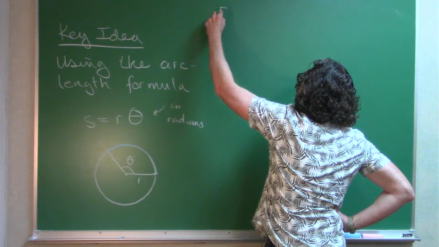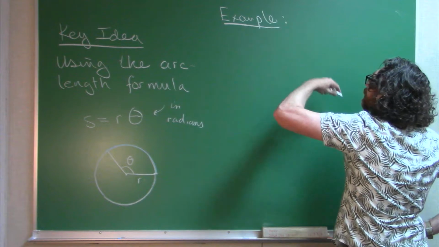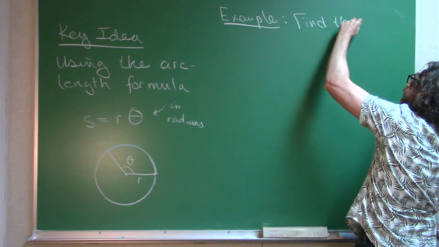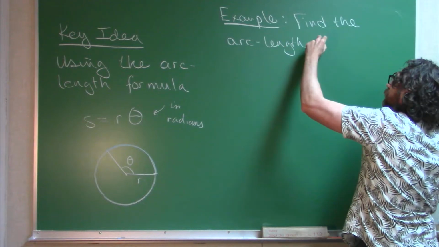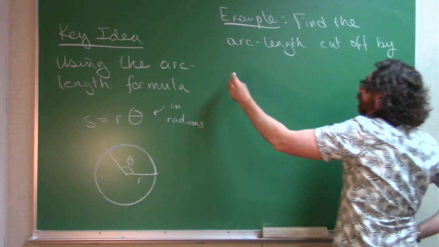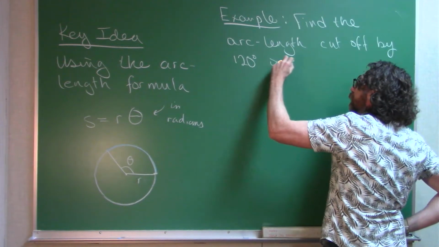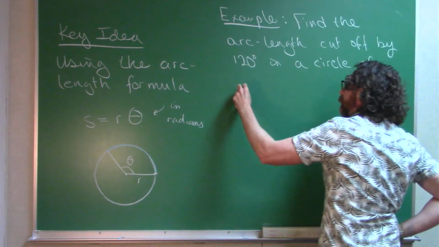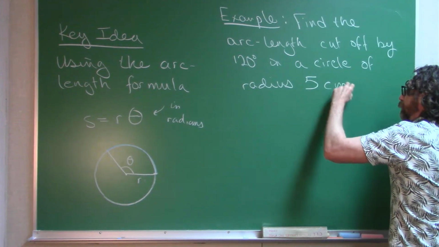Okay, so let's look at a quick example right here. Find the arc length cut off by a 120-degree angle in a circle of radius 5 centimeters.